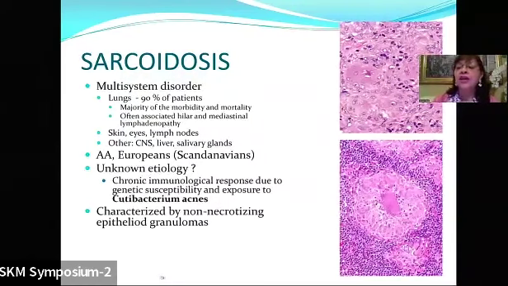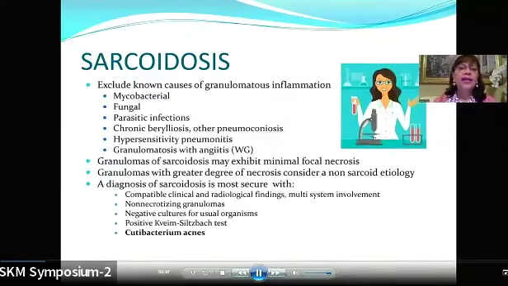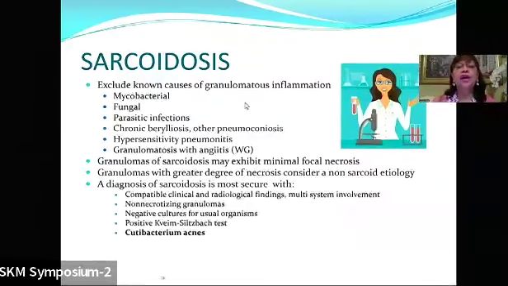So you have these so-called non-necrotizing granulomas, as you can see here. It's very epithelioid, and you can see the multinucleated giant cell. And also in sarcoidosis, you can see Schaumann bodies, asteroid bodies as well. So sarcoidosis basically is a diagnosis of exclusion. You first have to exclude other granulomatous inflammatory causes.